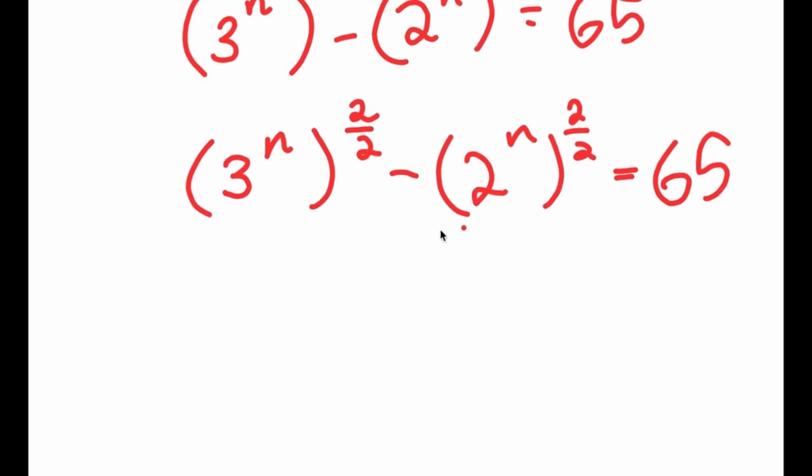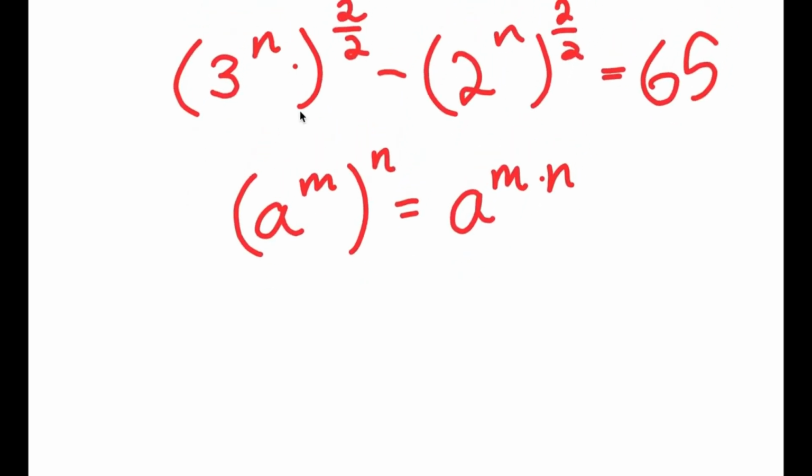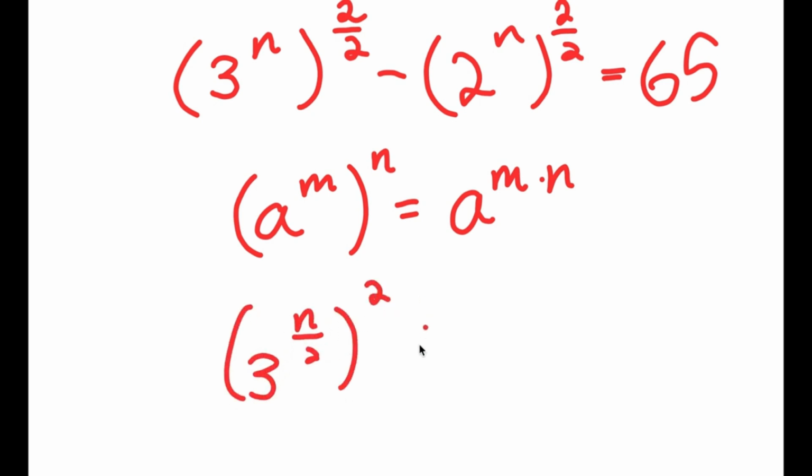The reason I did that was because if I have something in the form (a to the power of m) to the power of n, this is the same thing as a to the power of m times n. So n times 2 over 2, that's the same thing as 3 to the power of n over 2 times 2. Or sorry, to the power of 2. And the same thing for this.